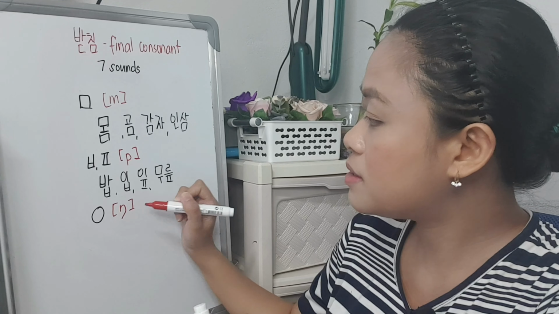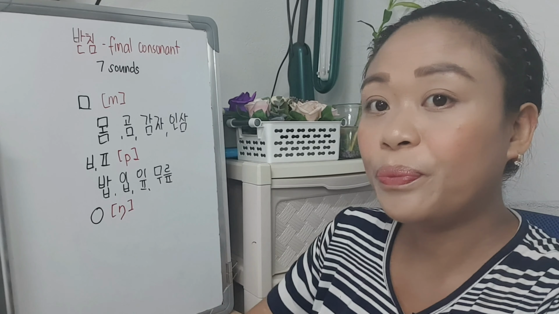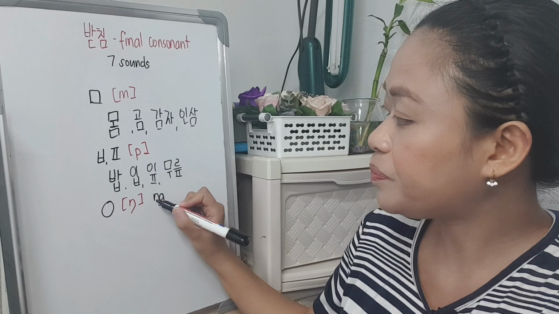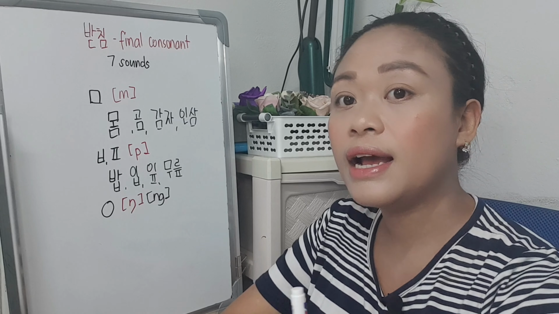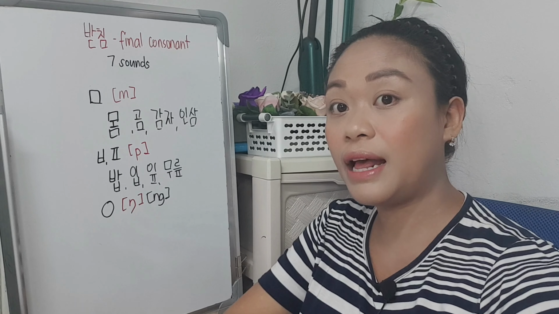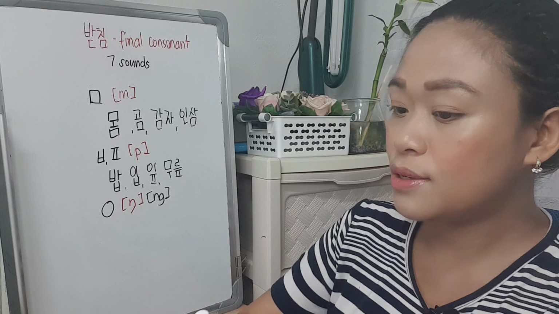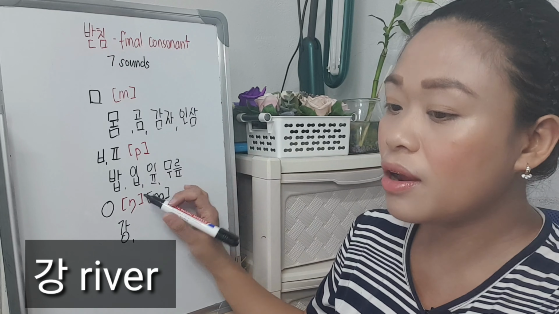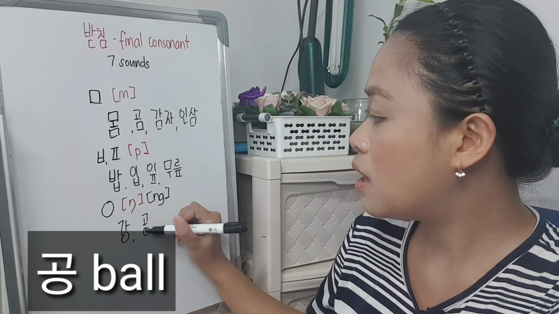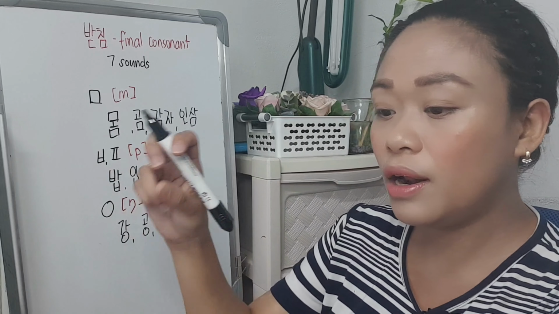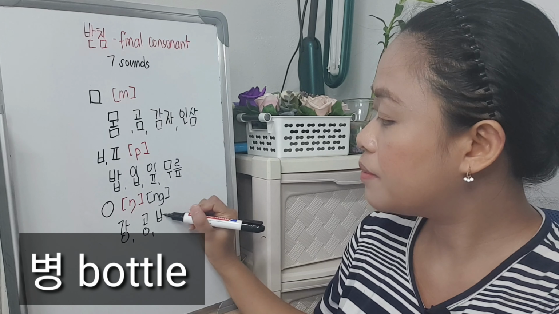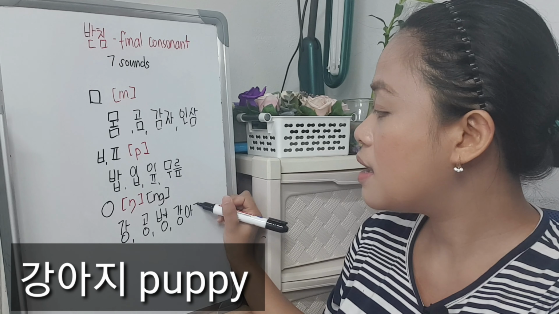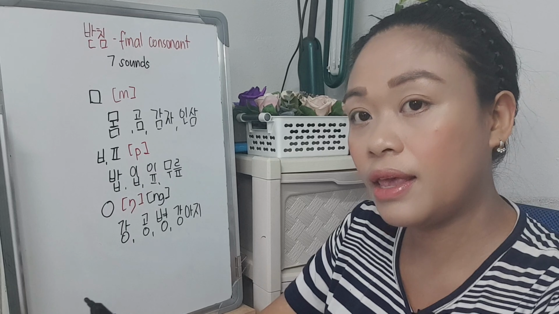As I told you before, in the Philippine alphabet we have NG. So we have kang, as always, river, kong or ball, pyong or bottle, and kangaji or puppy.